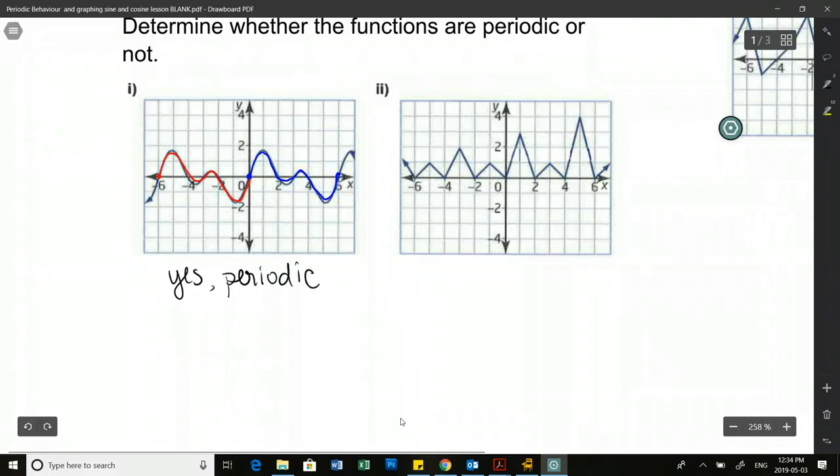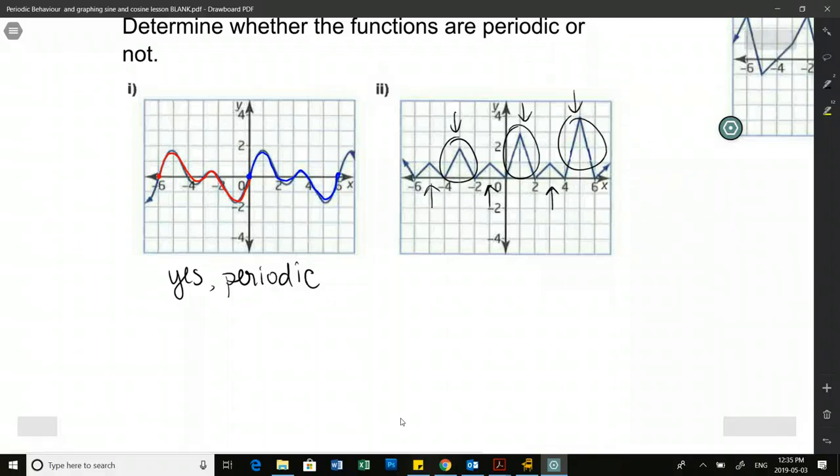Is the second one periodic? Why not, Derek? Yeah, so you see these mountains in between here? Although these guys are all the same, the mountains in between the smaller mountains are not the same height. So I would need maybe this mountain right here to be continually repeated between those smaller ones. The pattern needs to be exactly the same.